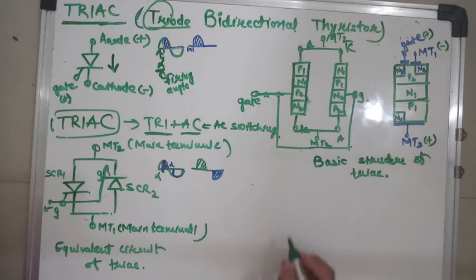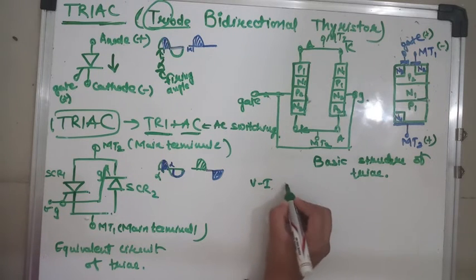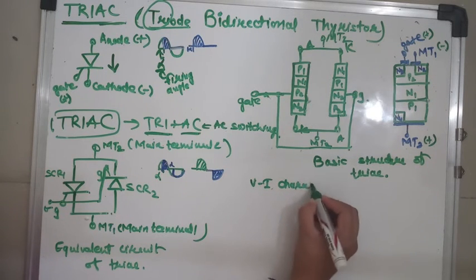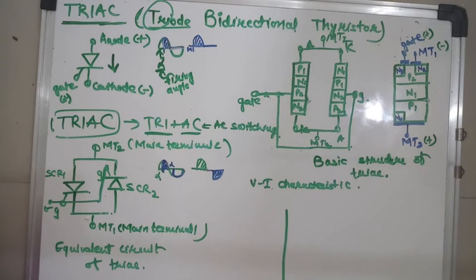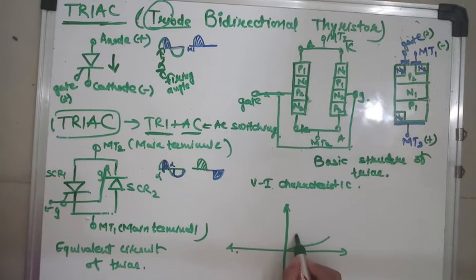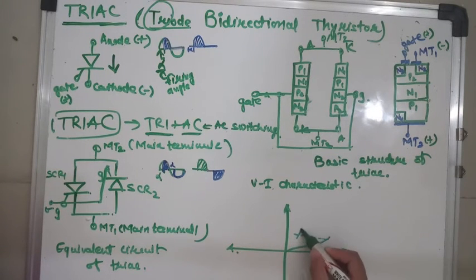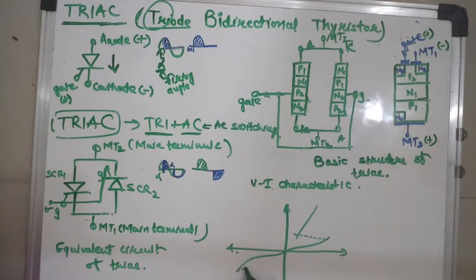So my characteristics are the VI characteristics. They will be like this, like the SCR, but here there are two SCRs. During one operation, my characteristics lie in the first quadrant, exactly like the SCR, like this, and when the other conducts, the characteristics lie in the third quadrant.